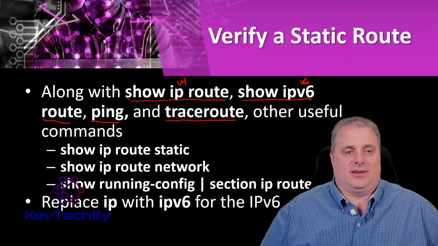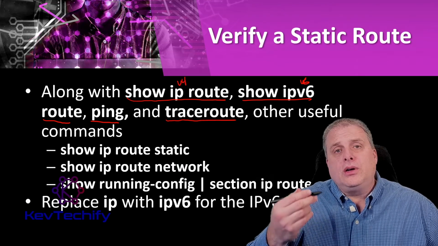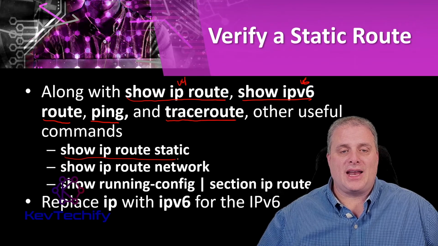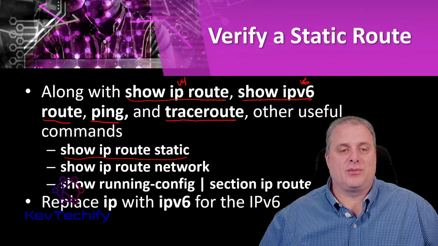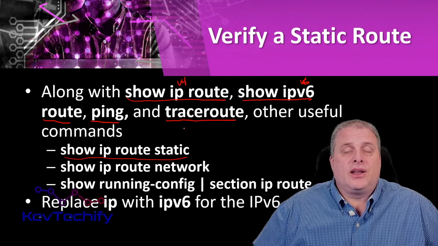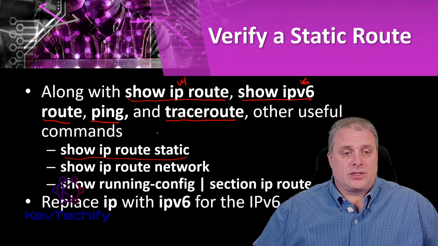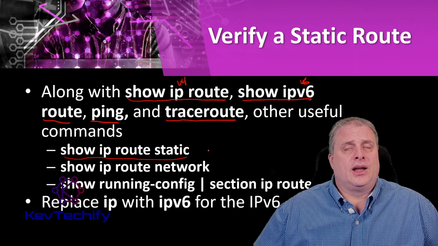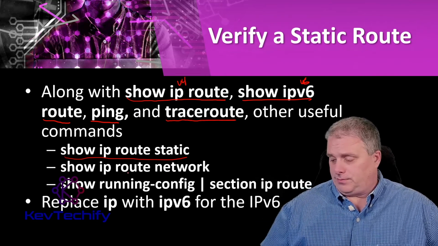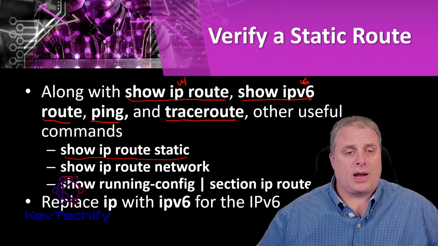There are a couple other useful commands. show ip route static, and that'll just give us all the static information for the routes. It won't list out any directly connected or local addresses. It won't list out any routes learned through dynamic protocols. Another command is show ip route network.